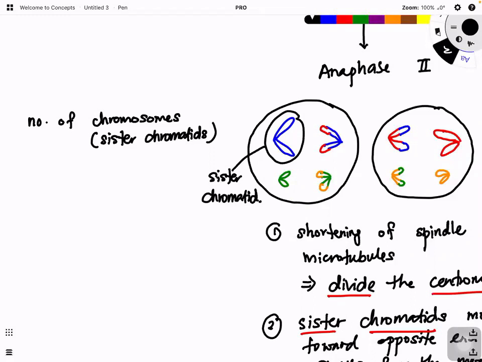When it comes to anaphase 2, the question asks, what is the number of chromosomes per cell? But in this case, even though they use chromosome, they refer to the sister chromatids. The answer is 1, 2, 3, 4. How about the number of DNA? Also equal to 4.